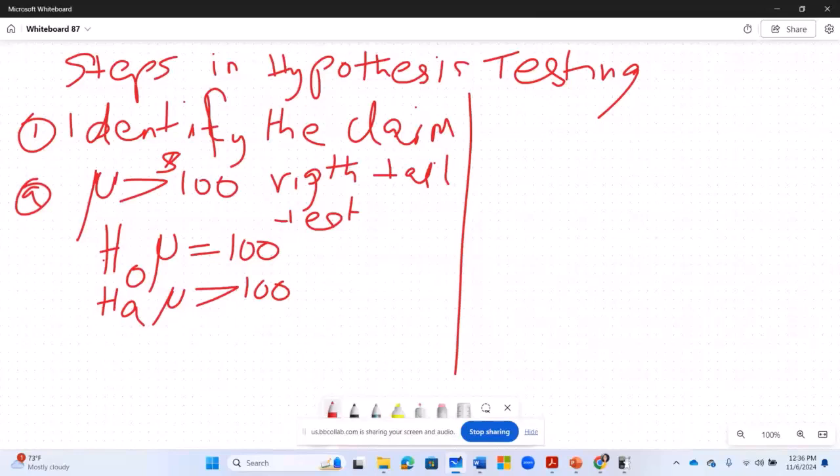Okay, and then suppose another test says B: the average cost is equal to $100.